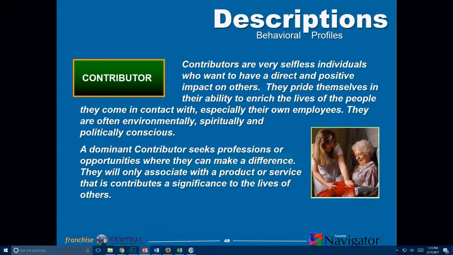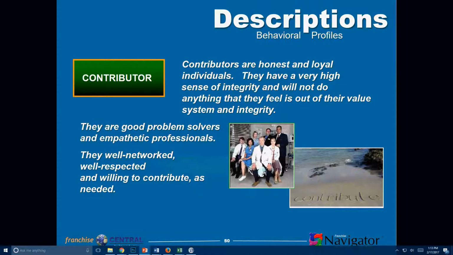I'll share with you when we get to the next slide, talking about the continuum, how that comes into play. They are very honest, very loyal, and have a very high sense of integrity, and will not do anything that they feel is beyond their value system and integrity. They're well networked, well respected, willing to contribute as necessary.